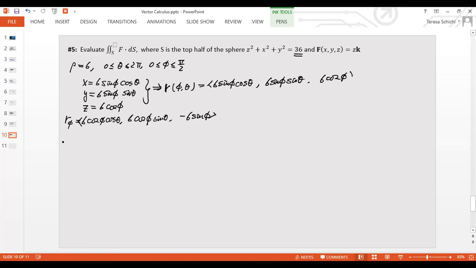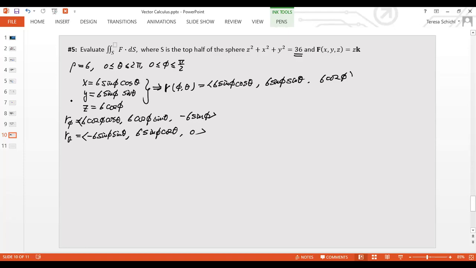So it's a little bit tedious, but that's okay. Then the partial for theta will be negative 6 sine phi sine theta, and then 6 sine phi cosine theta. Then the last one doesn't have theta, so it's 0.